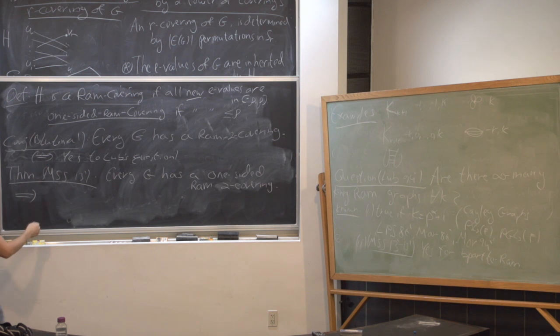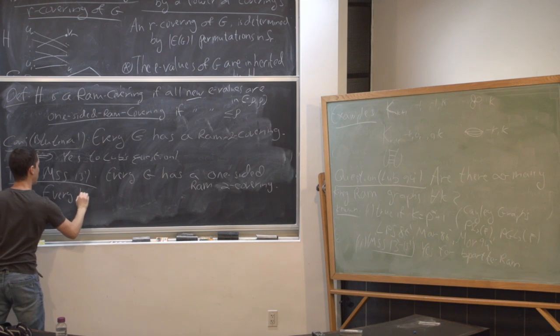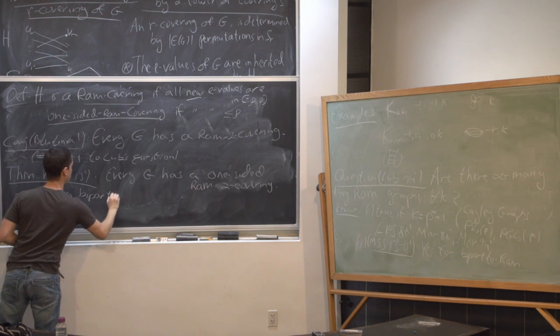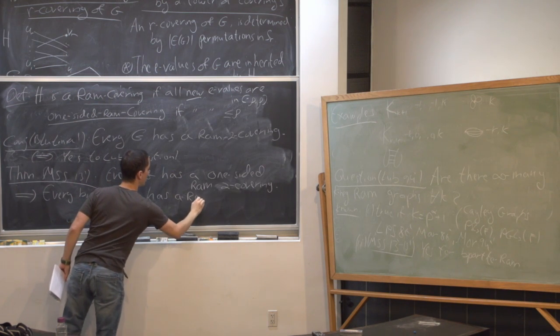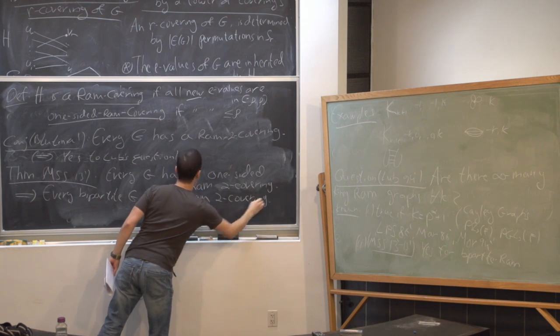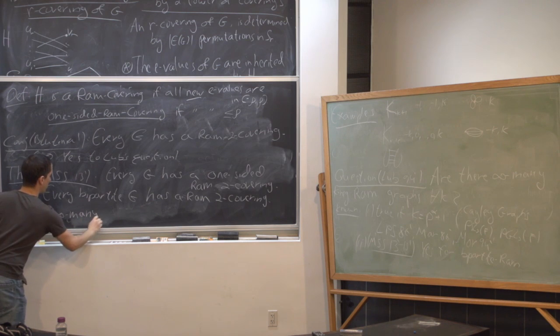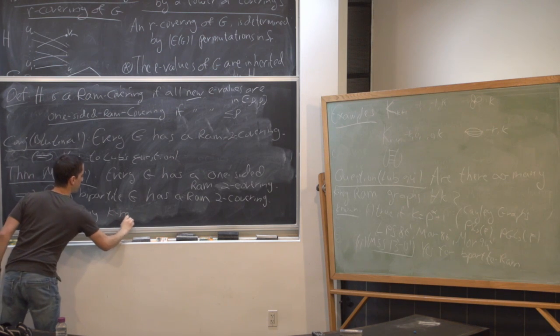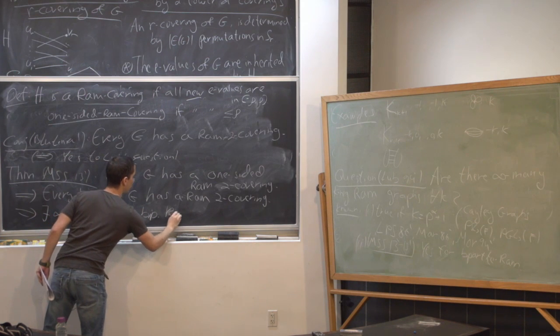So this immediately shows that every bipartite G has a Ramanujan 2-covering, not one-sided but a full Ramanujan covering. And this shows that there are infinitely many k-regular bipartite Ramanujan graphs.